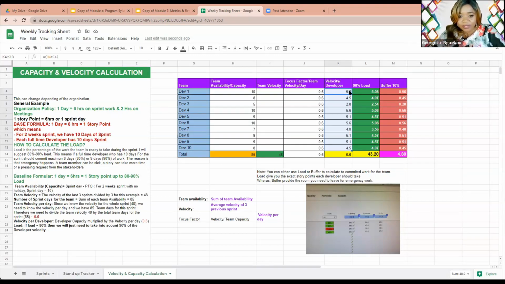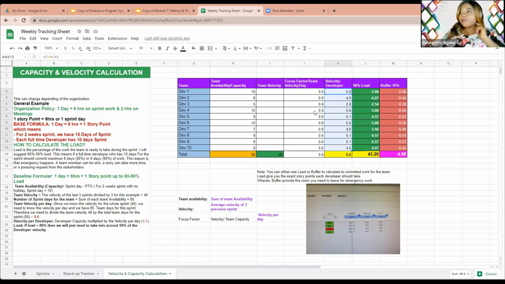Do you know why it's risky? It is risky because he can call off, he can become sick during that sprint. He can have an emergency or a new story can come in. Something can happen. So you want to give some room to accommodate that emergency. That's what we call buffer.